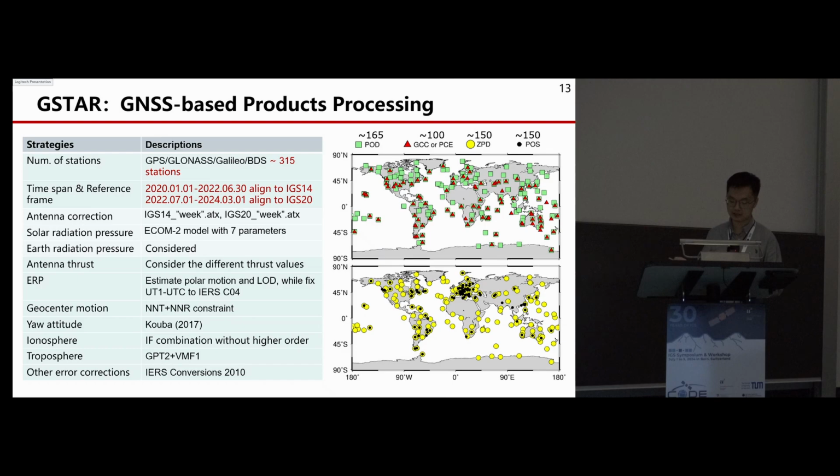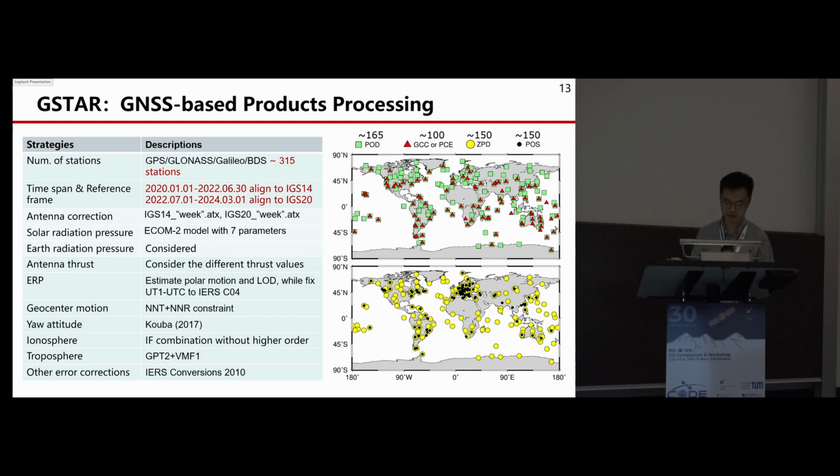This table gives the strategy. More than 4 years of multi-GNSS data collected from a total of 315 stations are used for data processing. Before July 2022, the reference frame is aligned to IGS14, and after that, IGS20. The satellite clock is first estimated using 165 stations with an interval of 5 minutes.